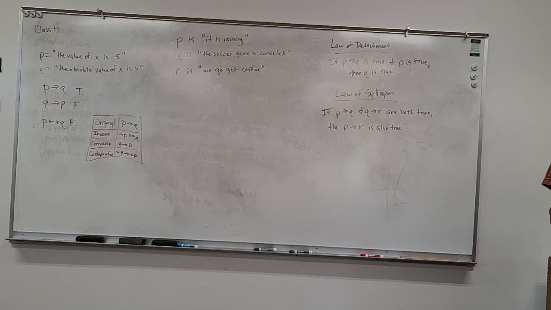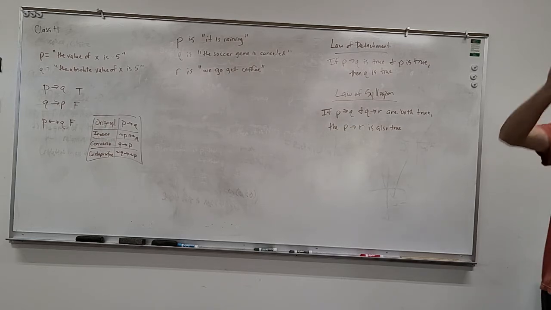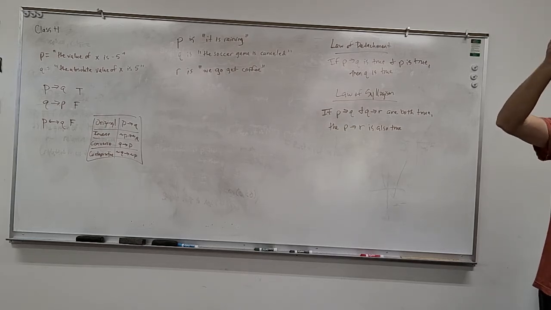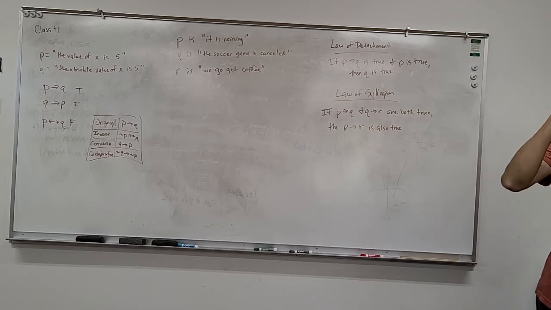So let's just do one. They ask us to use the law of syllogism, and we're going to use the first two statements. If a bird is the fastest bird on land, then it is the largest of all birds.